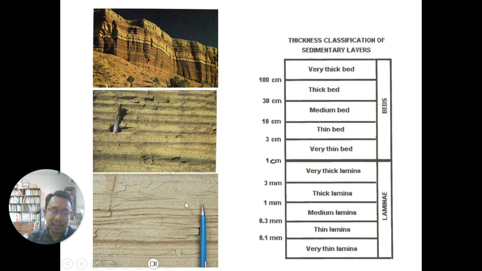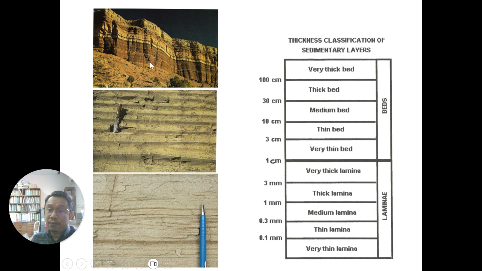Whenever you have these beds which are less than 1 centimeter thick, we usually call them laminae, right? So in this case, I can describe the sandstone here as a laminated sandstone, right? But beds proper will be 1 centimeter and thicker, right? So, for example, here the beds are centimeters thick, less than 10 centimeters. So these are thin beds.